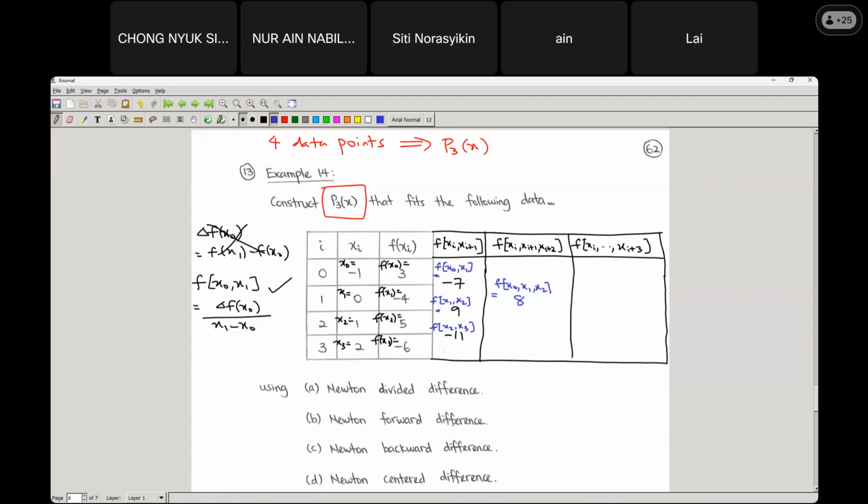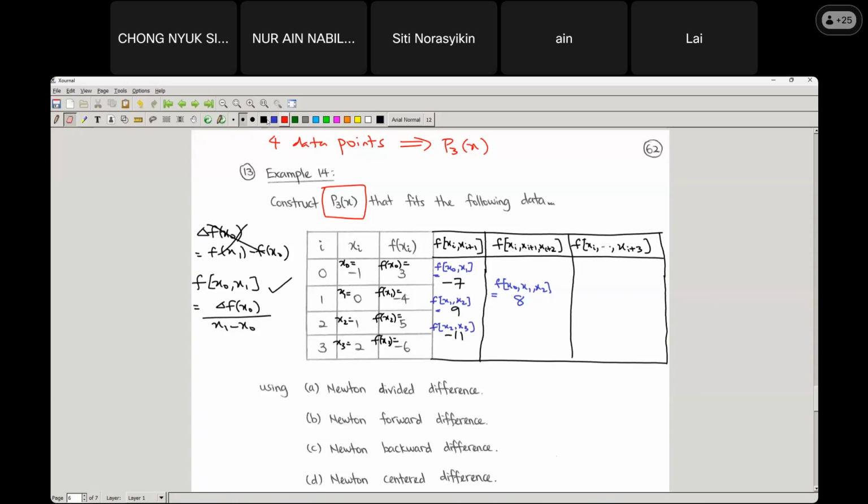All right, and the next one is -11 minus 9, so I have -20, divided by x3 minus x1. So I have divided by 2 minus 0, I have 2. So -20 divided by 2, I have -10. Okay, so maybe I write in between.